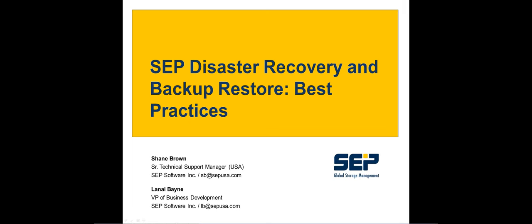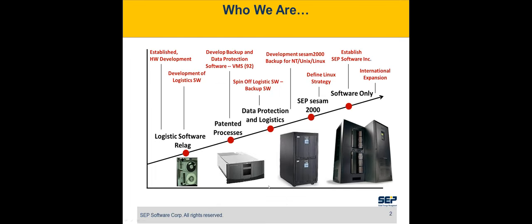Thank you, sir. And welcome to the Novell Best Practices Disaster Recovery. I will let Lanai give a brief history on where we came from and where we're going. SEP was started in Germany in 1983, and the company originally was a production automation company.